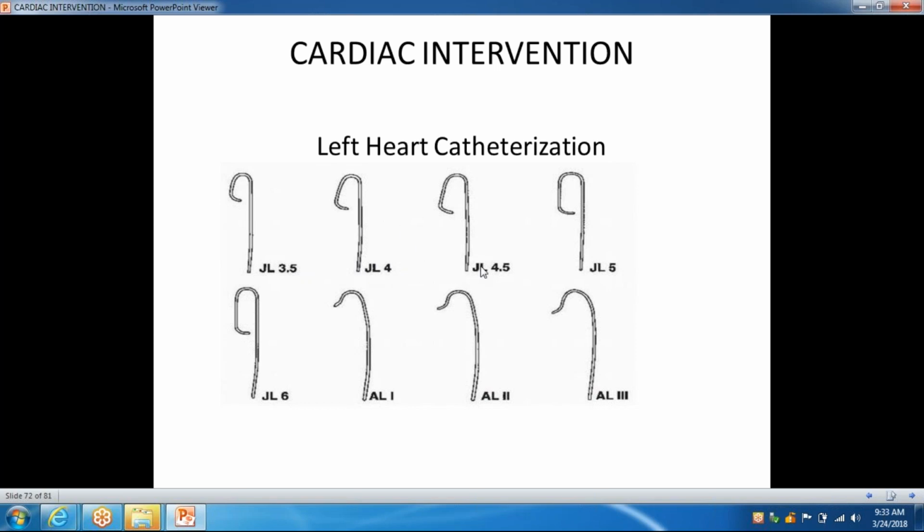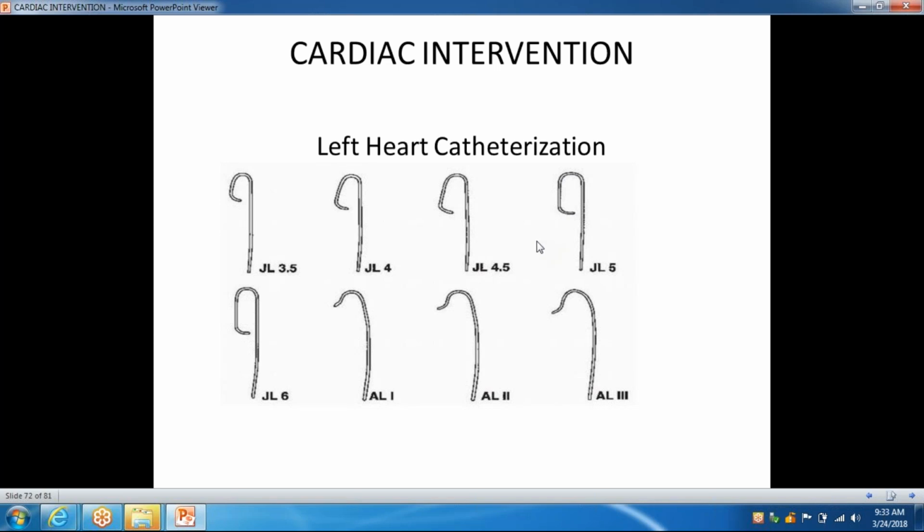We can use a larger curve because not everybody has the same anatomy. And if the patient has a very dilated aortic arch, you want to use a larger curvature. When you do the procedure, you will know, okay?